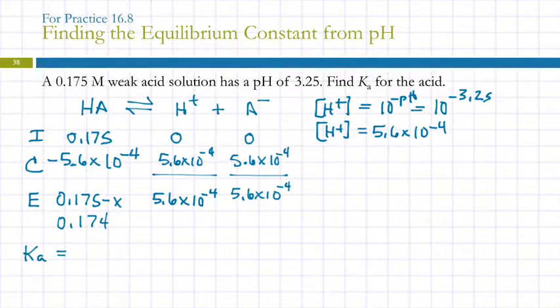Ka, again, equals the hydrogen ion concentration times the conjugate base divided by the weak acid concentration. So we've got 5.6 times 10 to the minus 4, and that's the same for both of these, so I'm just going to write it as that squared, divided by this 0.174.